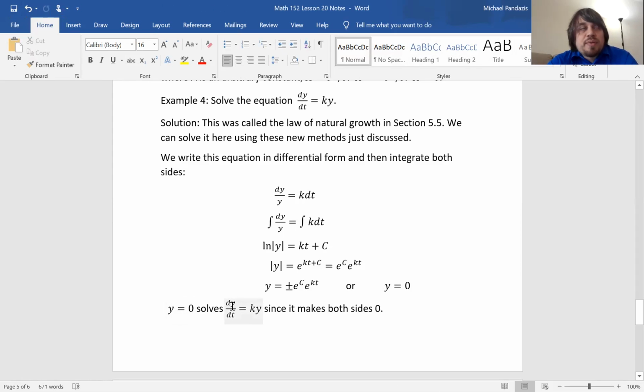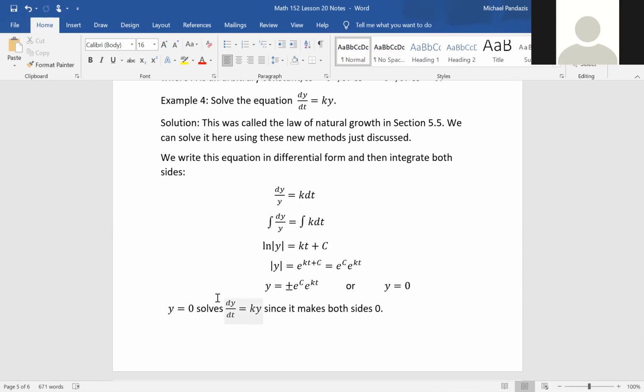So what is its derivative with respect to the variable t? It's 0 as well. As a function of t, its derivative dy dt equals 0, right? And then k times y, what's that? 0 when y is 0. So you see how both sides are the same?